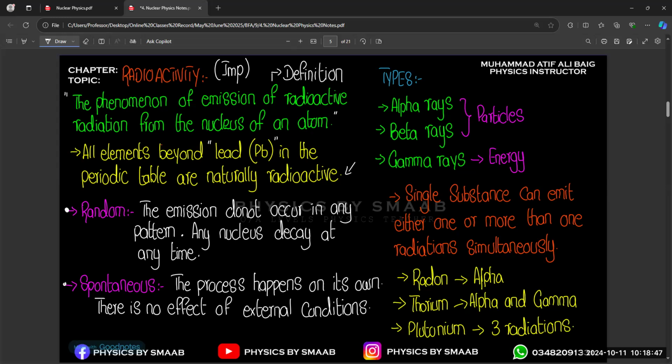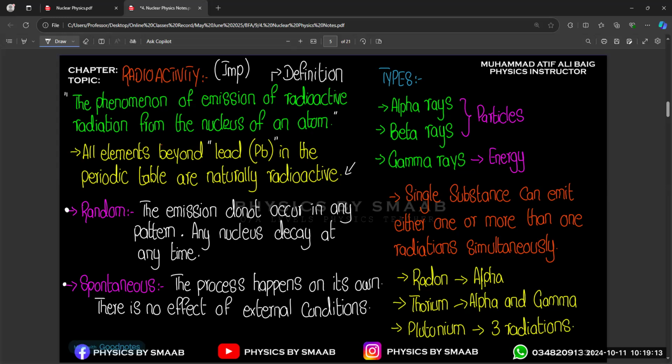Secondly, it is spontaneous also. Just like in thermal physics we discussed some factors that increase or decrease a thing, such as temperature, cross-sectional area, temperature difference, color, and texture.